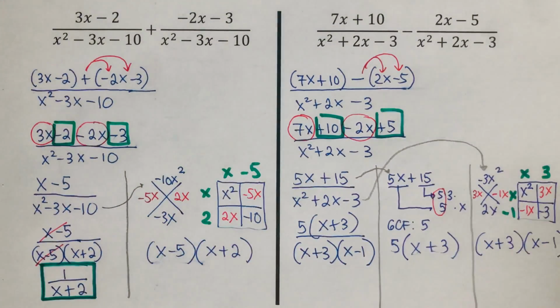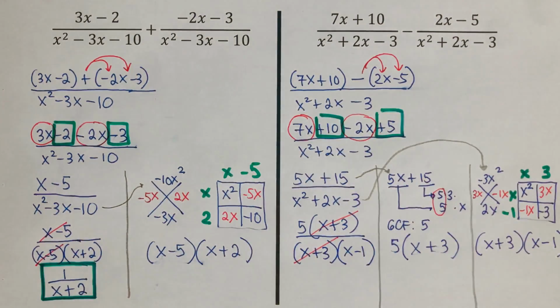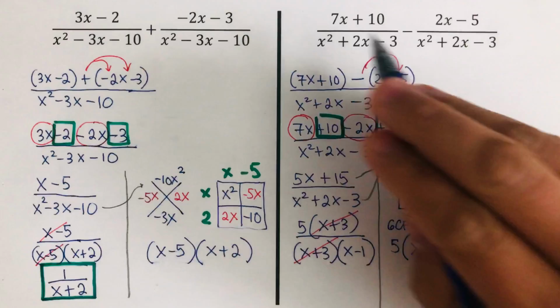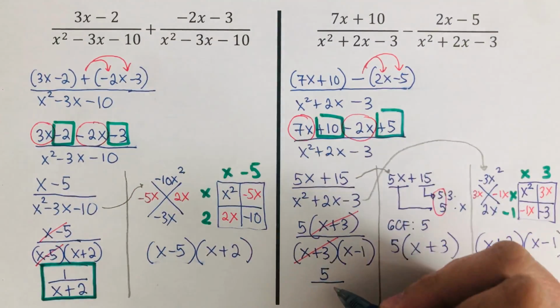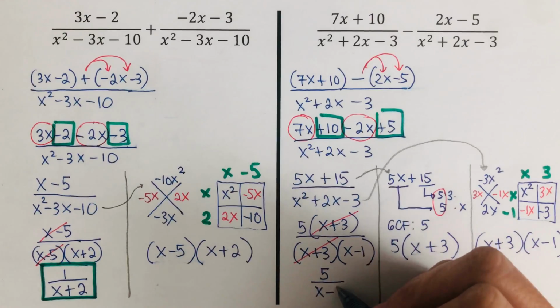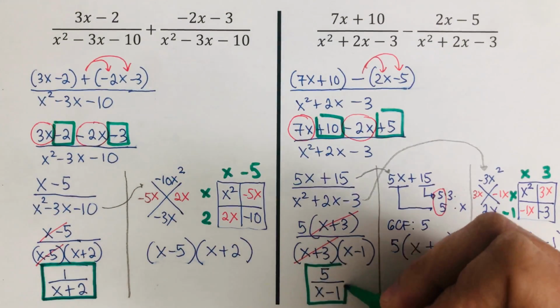Okay, so we simplify, so we can cross out the x plus 3 and x plus 3. So then the difference between these two rational expressions is 5, the leftover on top, over x minus 1. So we go ahead and put this inside the box. So this is our final answer.